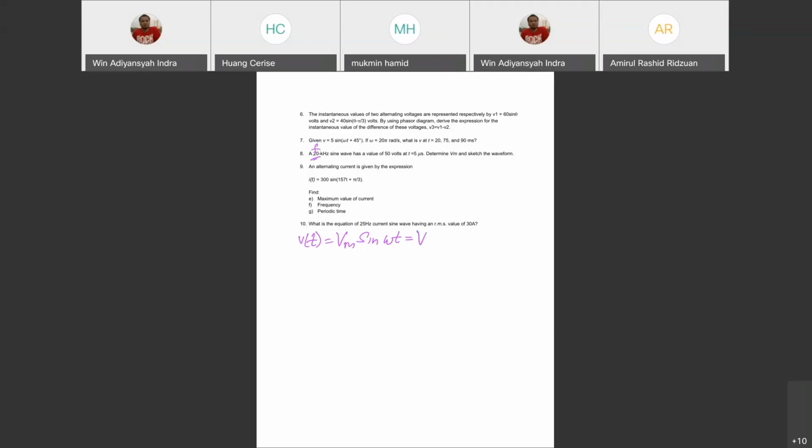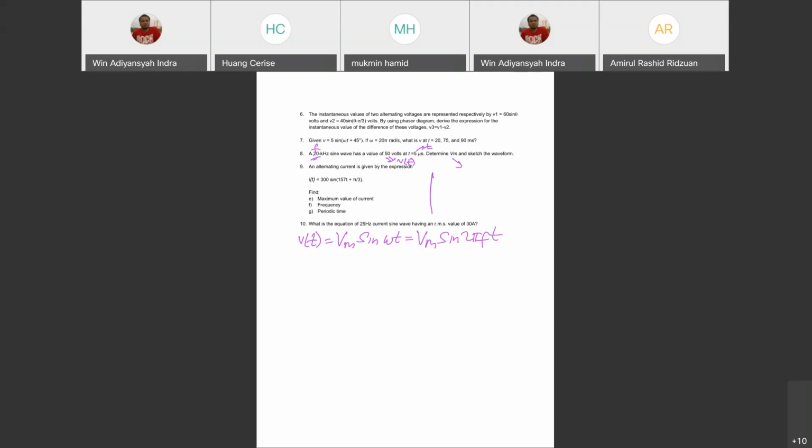Or you can expand: sine 2 pi ft. 50 here is V, and 5 microsecond is t. You have to find Vm then and sketch.